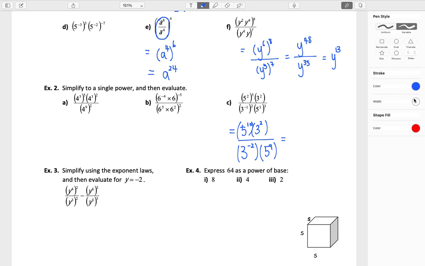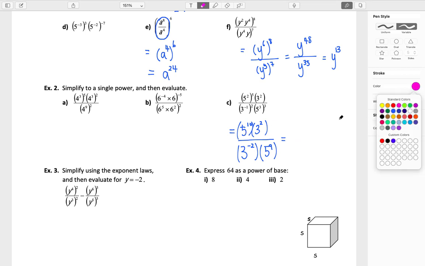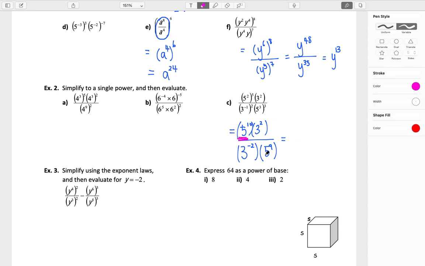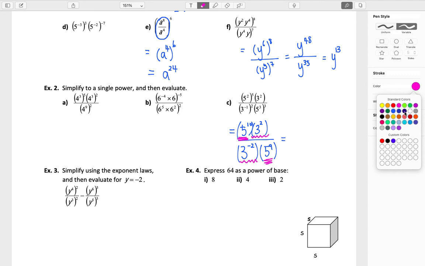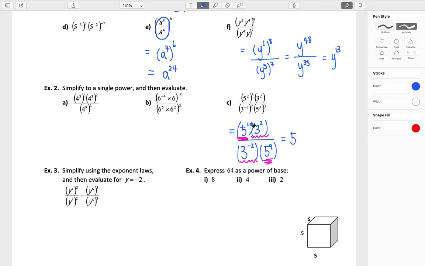And then after that, you can see that we have like terms, 5 and 5, the same base, and 3 and 3, same base. So let's do 5. It looks like 5 to the 10 minus 9, because we're dividing, is 1. And 3 to the 2 minus negative 2, right?